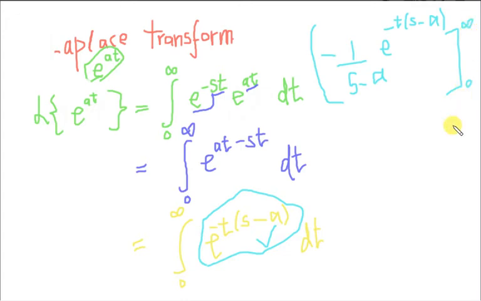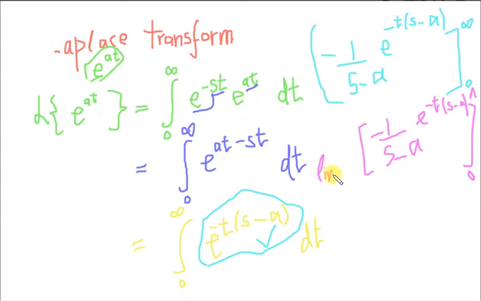This is equivalent to writing minus 1 over s minus a, e power minus t times s minus a, integrated from limit 0 to a, and the limit a tends to infinity. Okay, limit a tends to infinity.